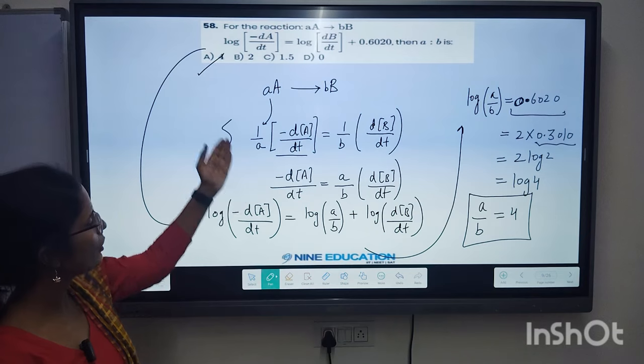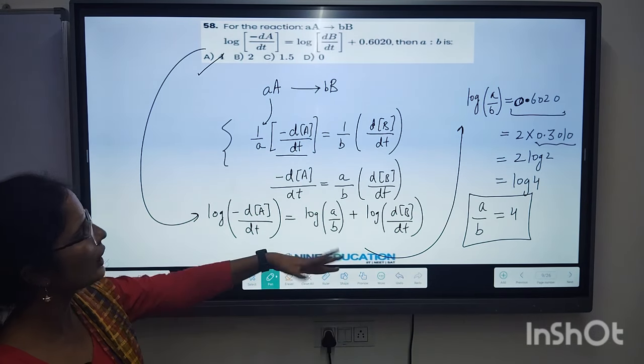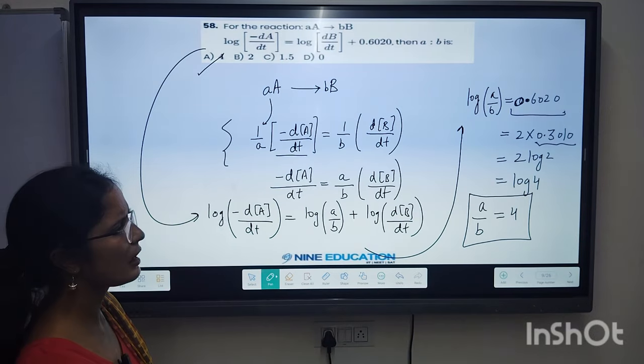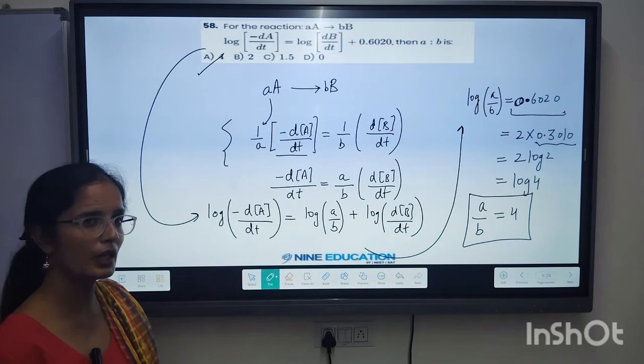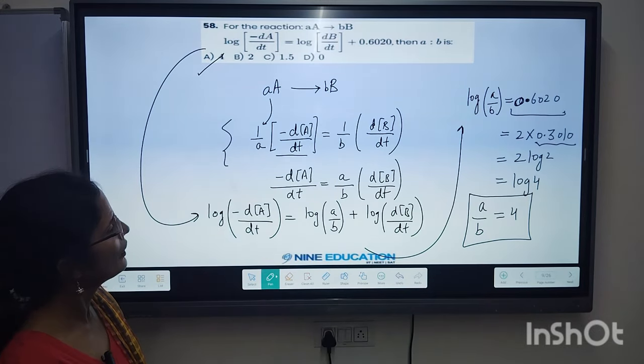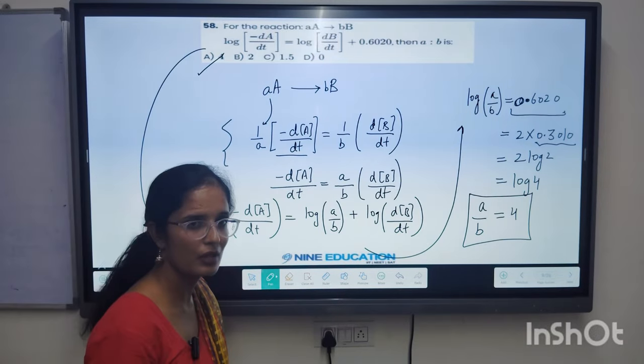So by equating we'll be getting log A by B. Further it is more of simplifying things, and A by B value will be coming 4. That's how a question should be done. Okay, so the first important thing is seeing the question and understanding how we can manipulate some given terms and get to the answer.